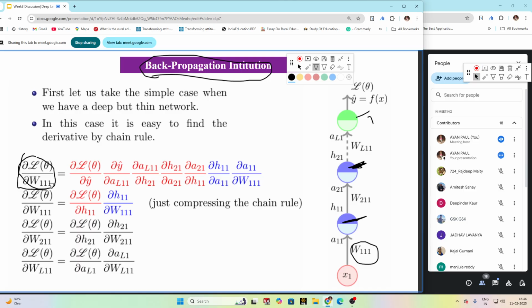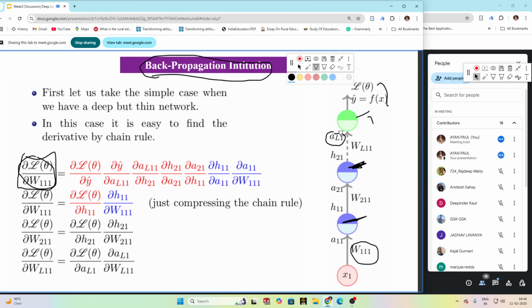Actually we have to calculate del L by del W11, but we cannot go directly because there are so many functions in between. First we go by del L by del y hat, and after del y hat we go to AL11, that is the input of the output layer.